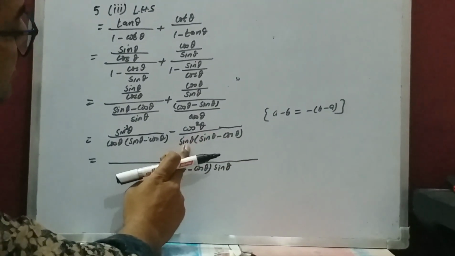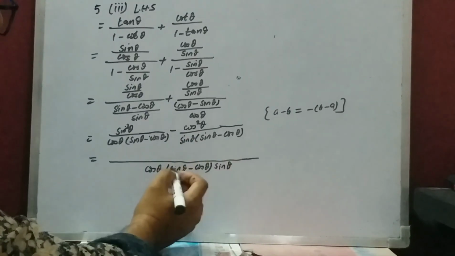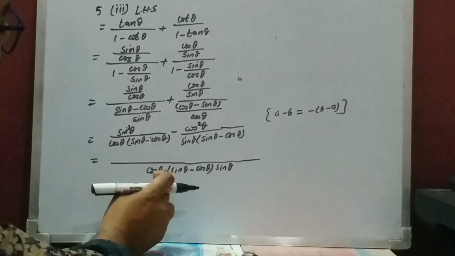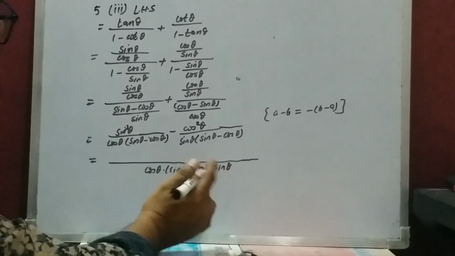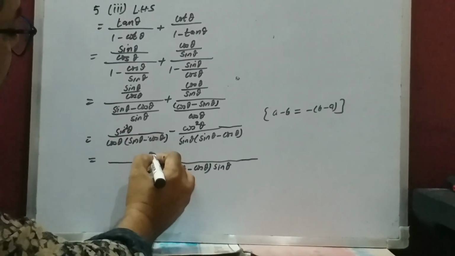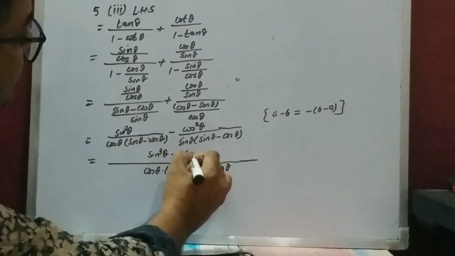And sine theta is uncommon, so only sine theta will be written here. Now divide this by this denominator, you will get the quotient sine theta. So you will multiply this numerator by the quotient, so what is obtained is sin cube theta. Similarly, this will be cos cube theta.